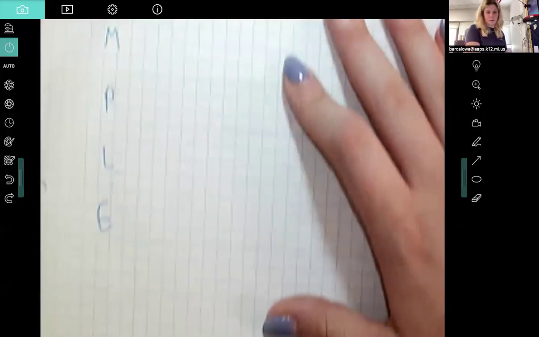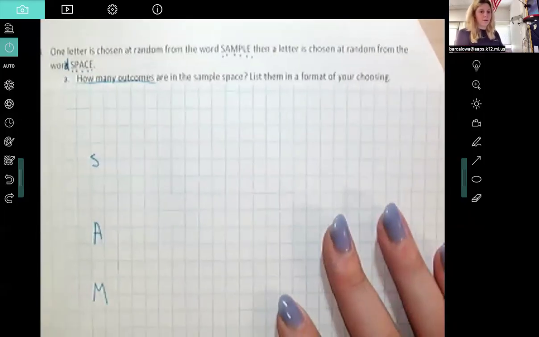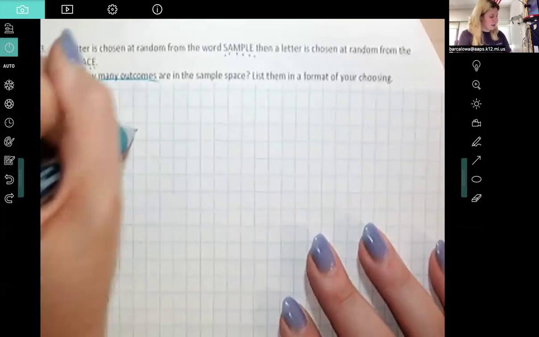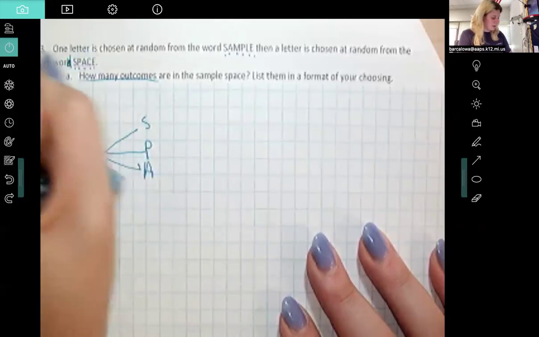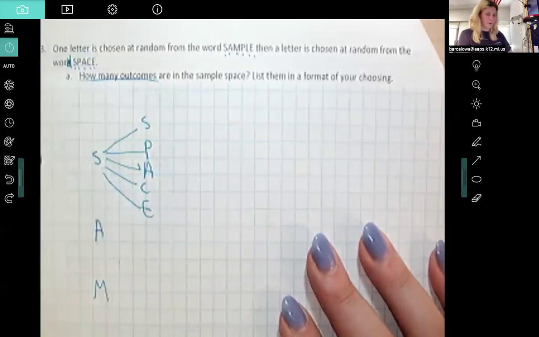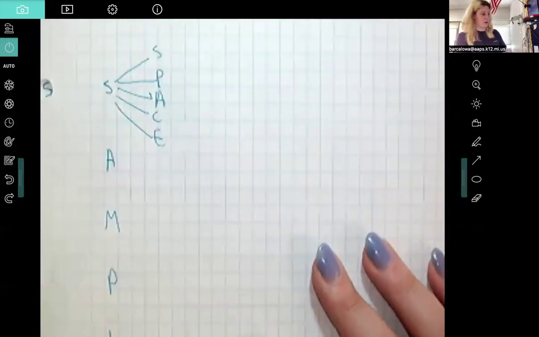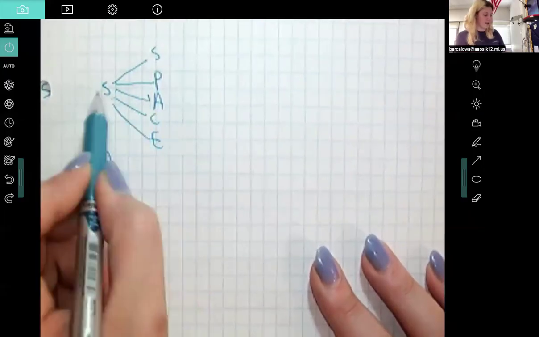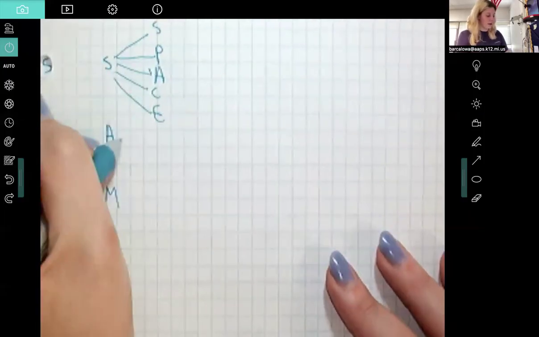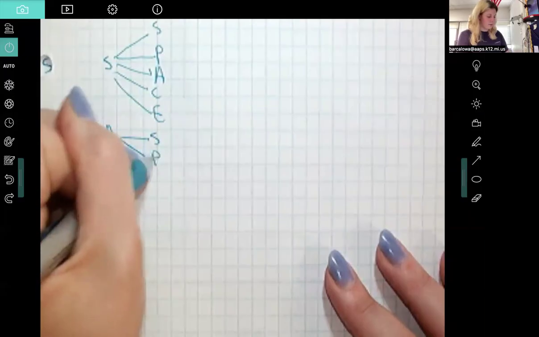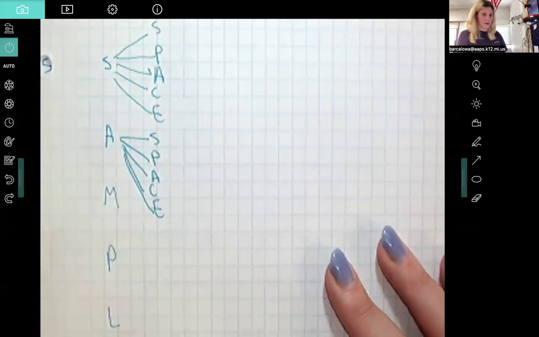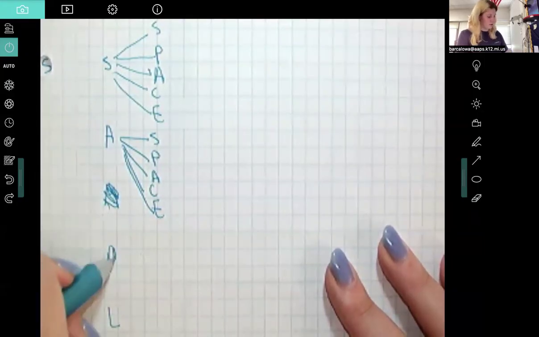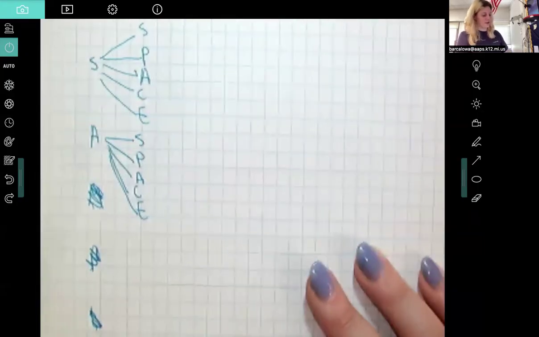Okay, I've got my letters for sample listed out. So if I choose an S for sample, then an S, P, A, C, E for space. Okay, so I could go S then S, S then P, S then A, S then C, okay? Like that. I need to move these and give myself enough room.